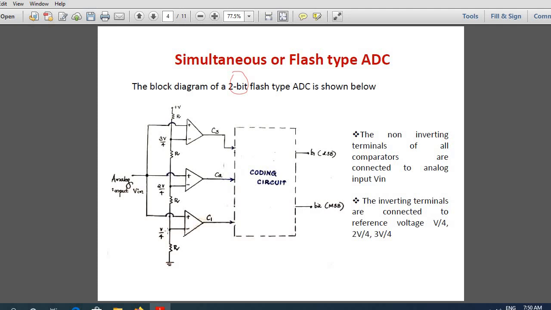Now what will be the voltage here? The voltage at this node, according to the voltage divider rule, is the total voltage times this resistance divided by the total resistance. So it is V into R by 4R, which is V by 4. Now calculate the voltage at the next point. You have to always take the node with respect to ground.